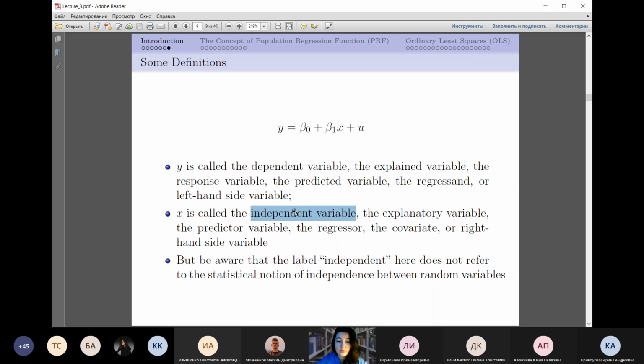It means that we want to explain our dependent variable Y in terms of X. And also, of course, this is our error term, our disturbance, that represents some other factors that can affect Y, not only X.